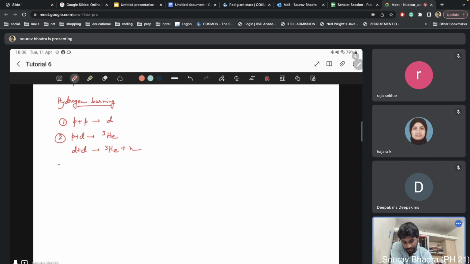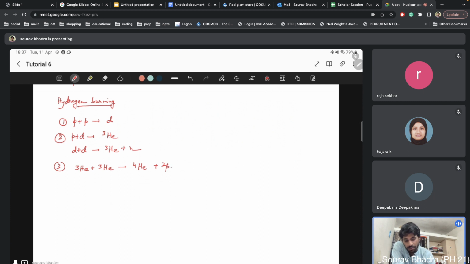The third step, where I will write just the main, dominant equation, is that 3He will react with another 3He and create 4He and 2 protons.